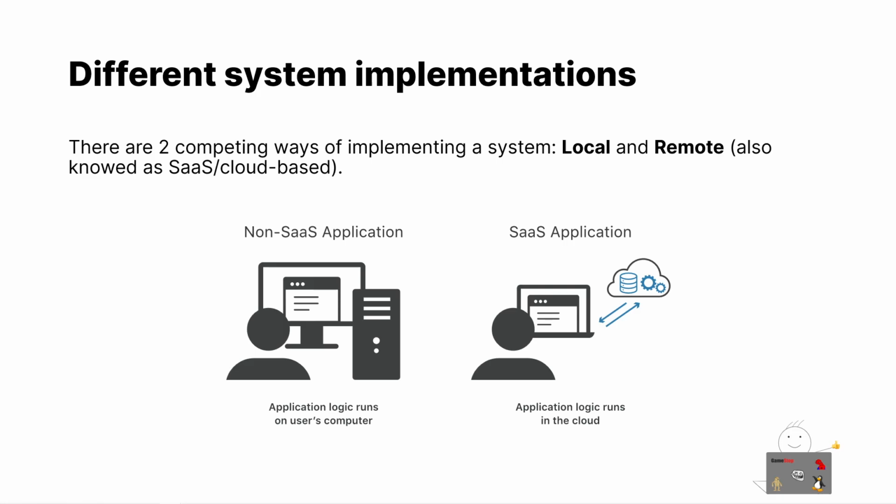Next, we have different system implementations. We really only have two competing ways of implementing systems: either local or remote on the cloud, a cloud-based implementation. The local system is pretty straightforward. We have a computer, and our application logic runs solely on that computer.